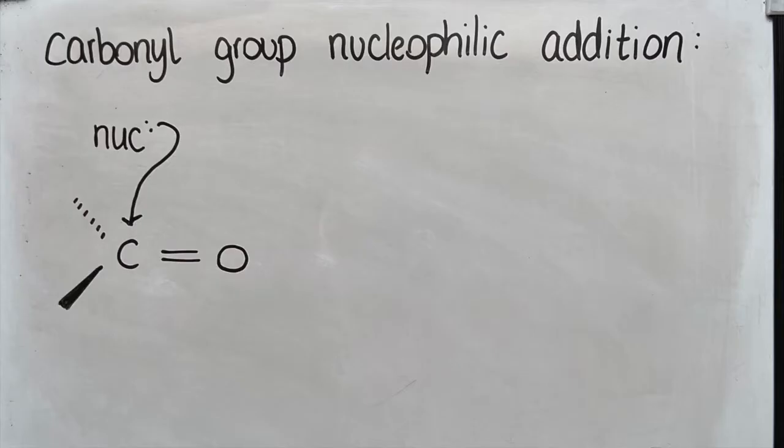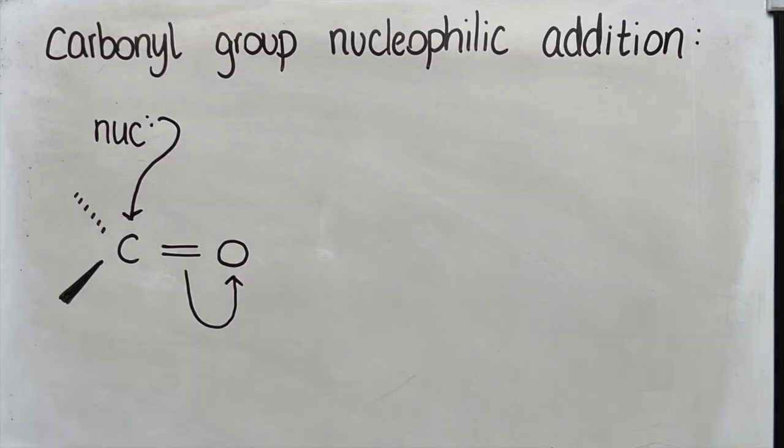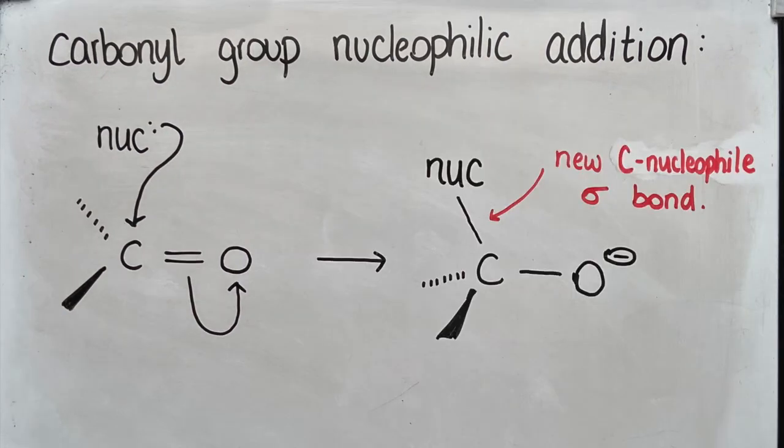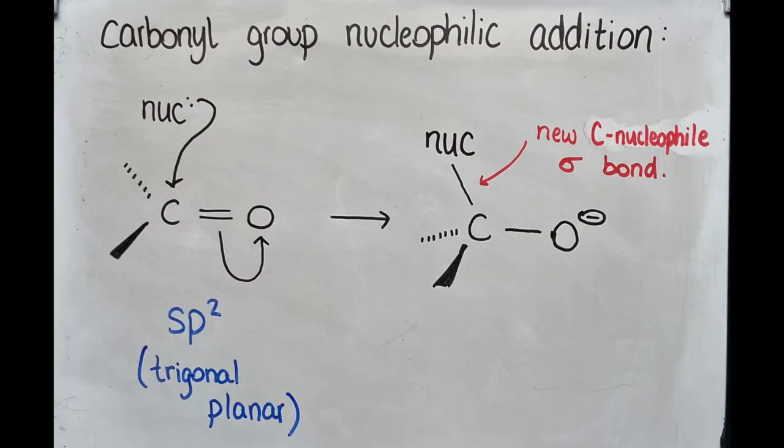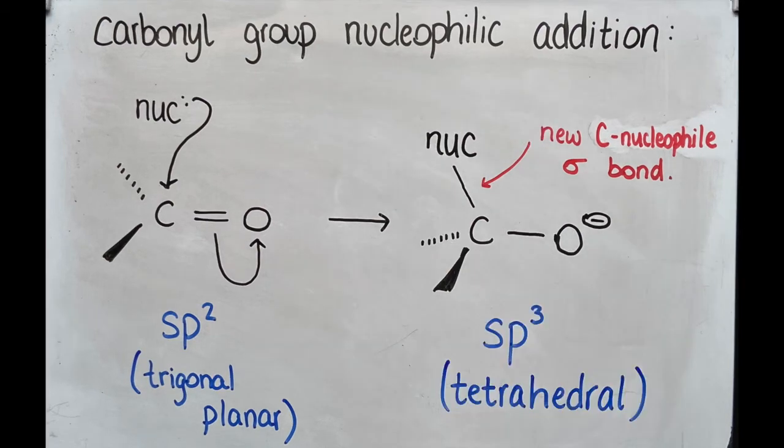In the addition reaction, the nucleophile attacks carbon. Carbon can only have 4 bonds around the atom, so the carbon-oxygen pi bond breaks. A new sigma bond is formed between the nucleophile and the carbon. We can see there is a hybridization change from sp2, trigonal planar, to sp3, tetrahedral.